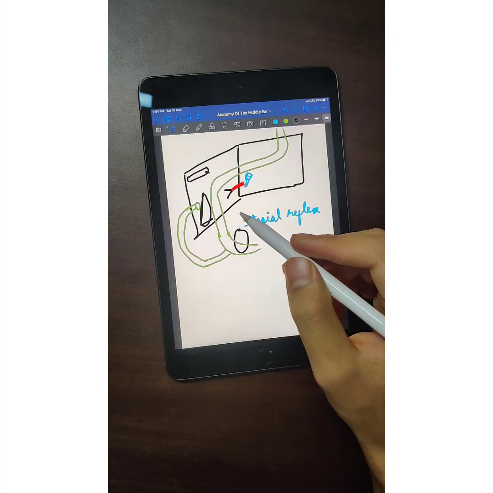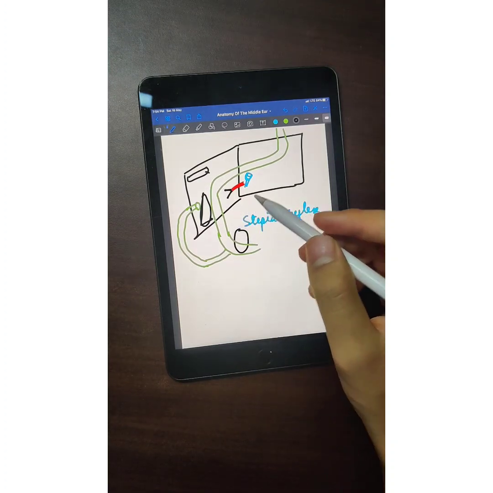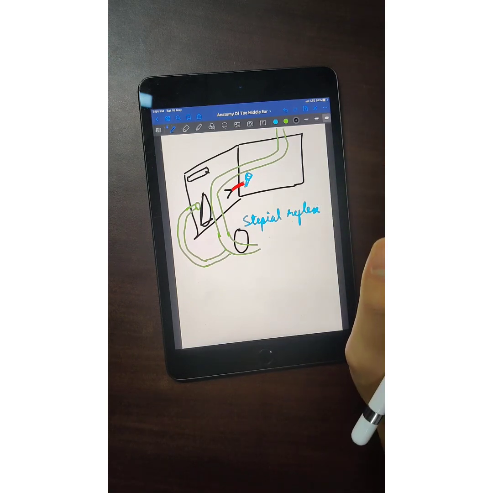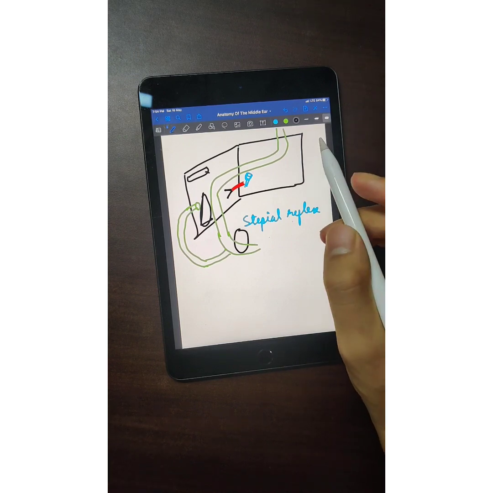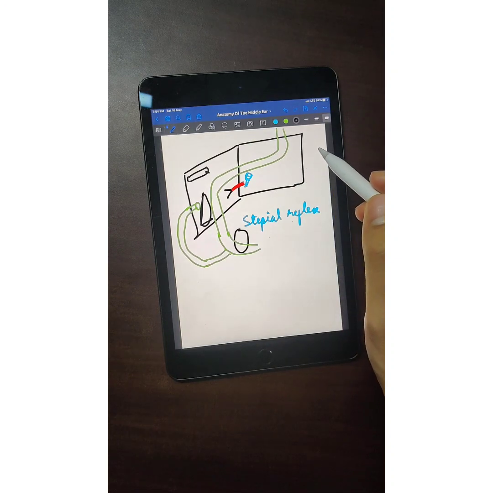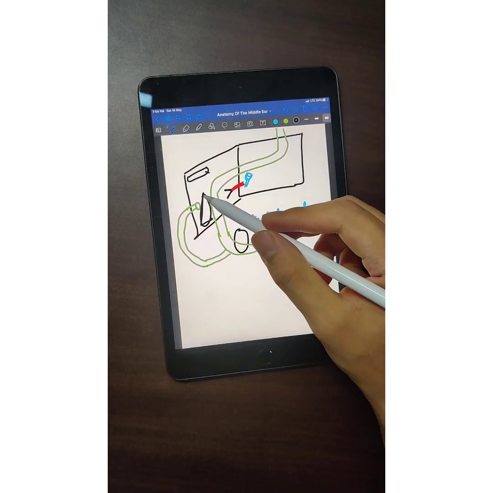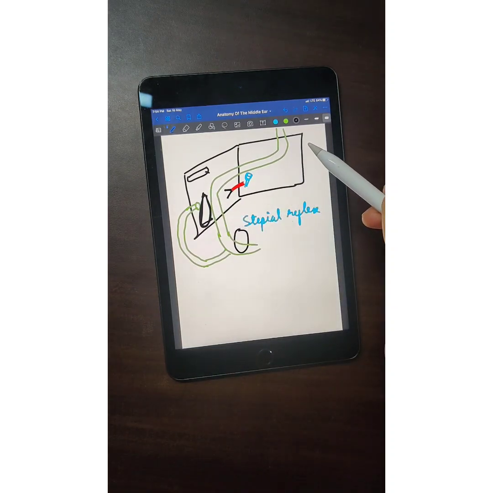Now why is this facial recess important? Because for us to enter the middle ear cavity, we cannot enter directly from the tympanic membrane during surgery, so we can't do that. So what we do is we enter the mastoid air cells first and then we enter the middle ear cavity through this facial recess, right?